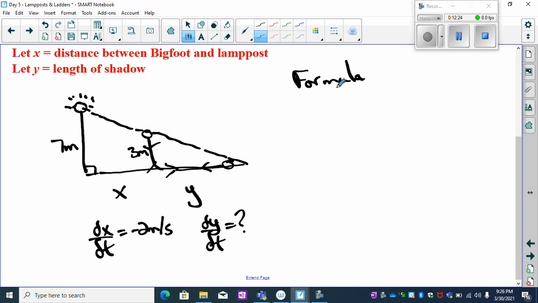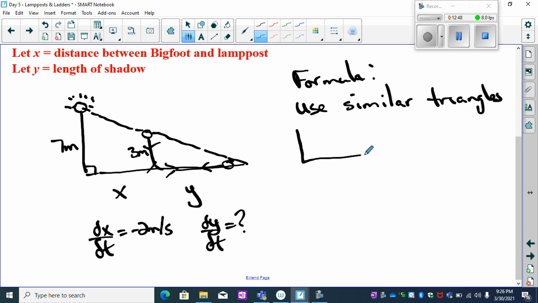All right, and it's not as simple as what we were doing yesterday. It's not like volume, or an area, or the Pythagorean theorem. For these types of questions, we want to use similar triangles. So I want to look at the large triangle, the big one.